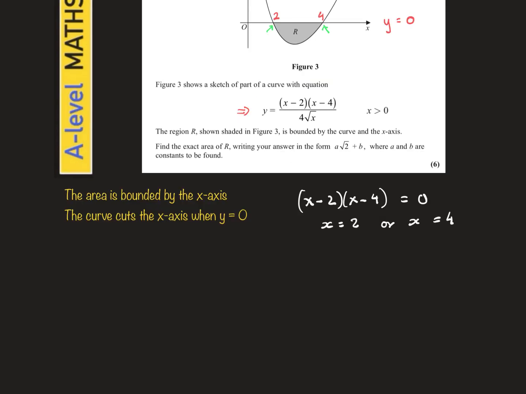So the area R is bounded by the x-axis, which we said was y is equal to 0, and we'll call it the upper boundary. And the lower boundary is the y of the function itself, (x minus 2)(x minus 4) over 4 root x.